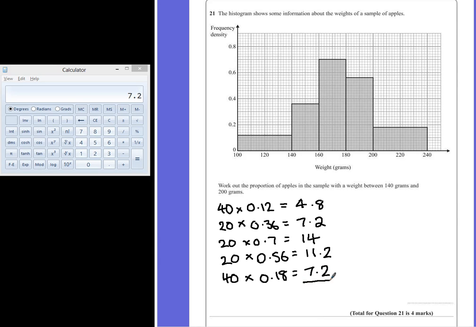If we add all of those together, we have 4.8, add 7.2, add 14, add 11.2, add 7.2, which is 44.4.